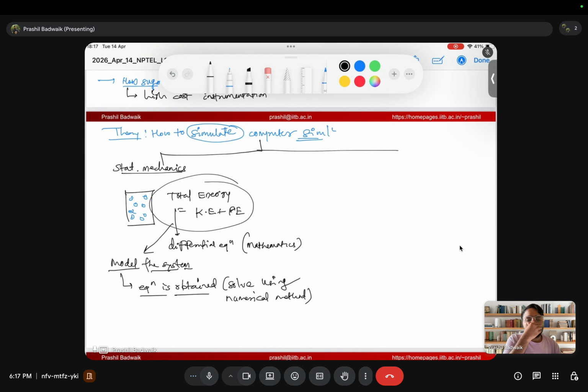To perform the computer simulation, we have to understand the theory, and using that principle we get some equations. That's what we did in our first part.